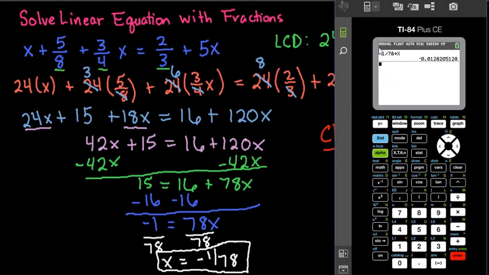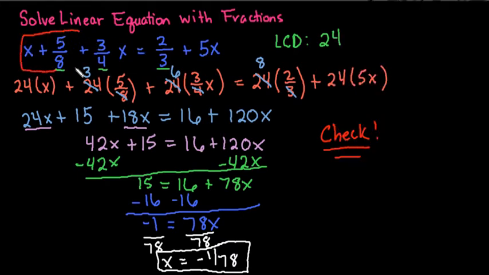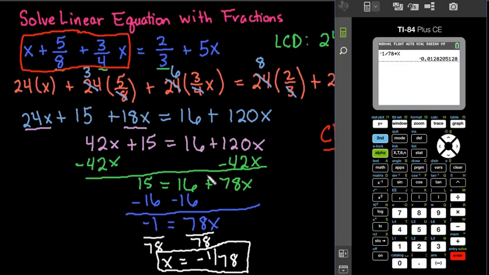What my calculator has now done is it's taken this value and it's stored it for X. So what I can do is I can actually plug it into just this side of the equation. I'm going to look at one side at a time to see if it gives me an equal expression.